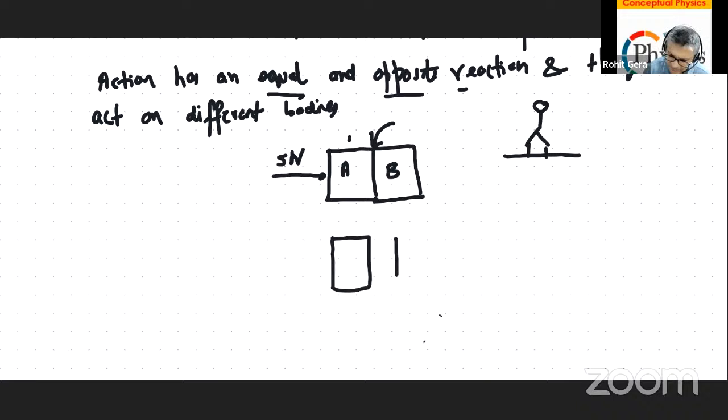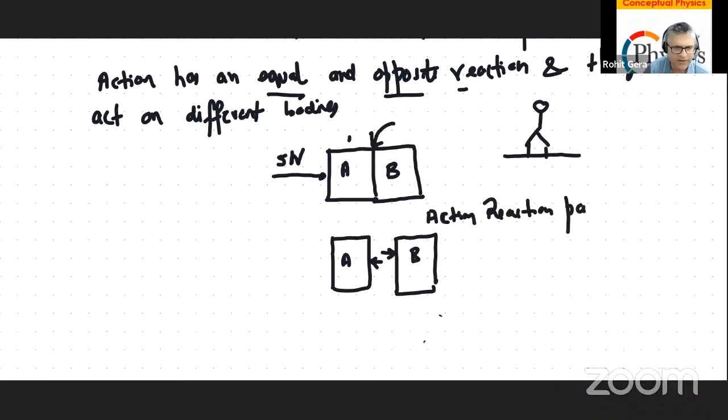I have separated them out, and what I'm saying is you have A and B, and they have a mutual force. B is applying a force on A, and A is applying a force on B. So they act on different bodies, and these two forces are called as action reaction pair. They always exist as a pair and they act on different bodies, right?